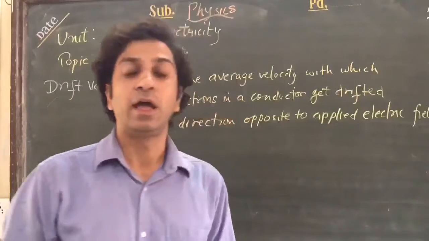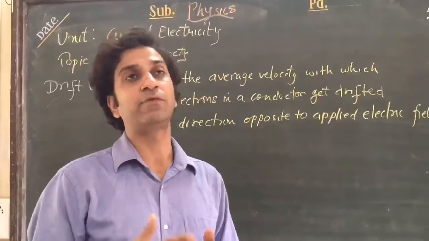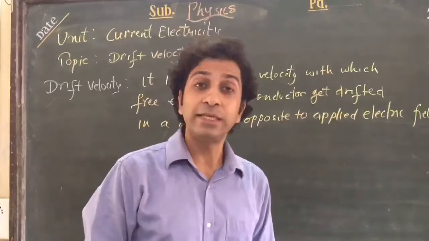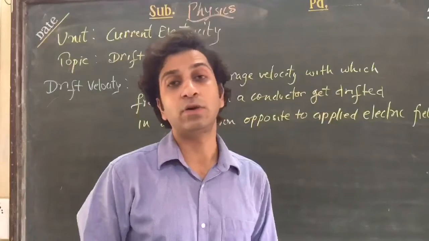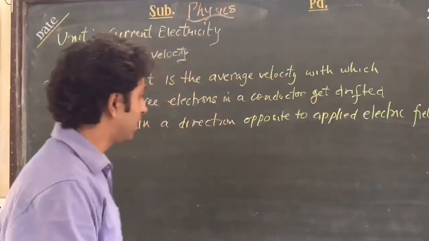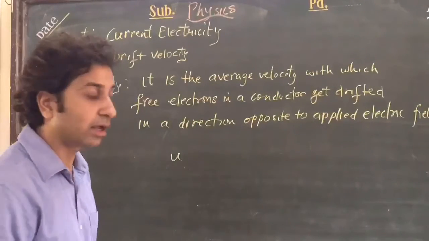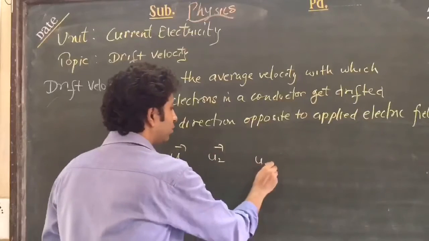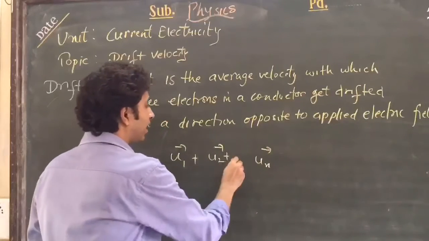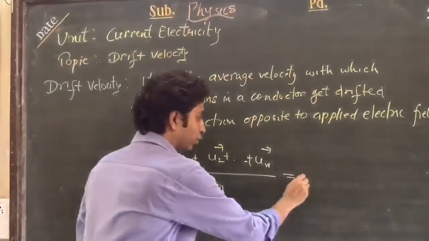So see, in a metallic conductor, we know that there are a large number of free electrons, and these electrons move in random directions. On an average, we can say that if there are n number of electrons having velocities u1, u2, and so on up to un, the average velocity will be 0.